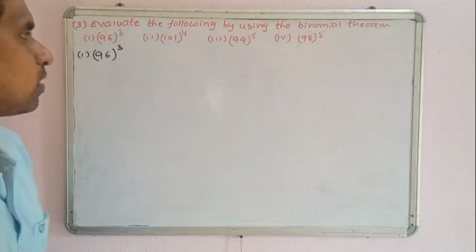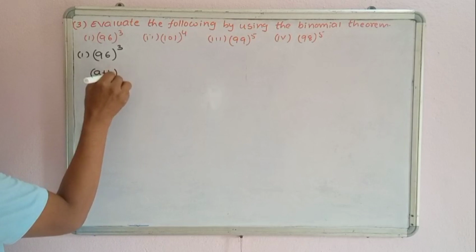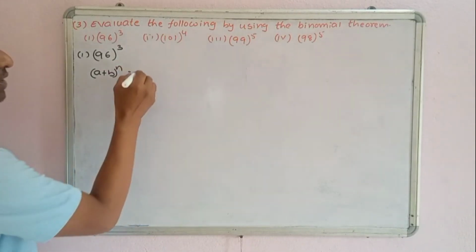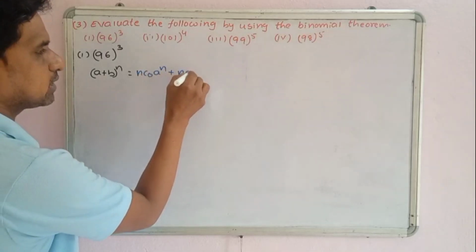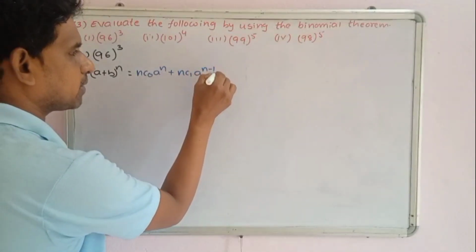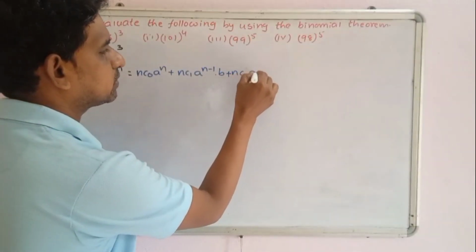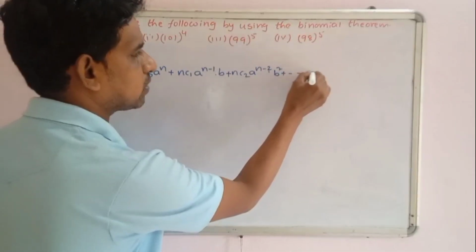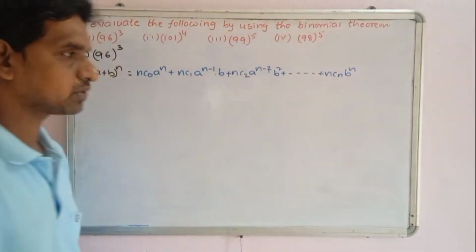What is the expansion of (a plus b) whole power n? (a plus b) whole power n is nC0 a power n plus nC1 a power n minus 1 b plus nC2 a power n minus 2 b square plus so on, nCn b power n.